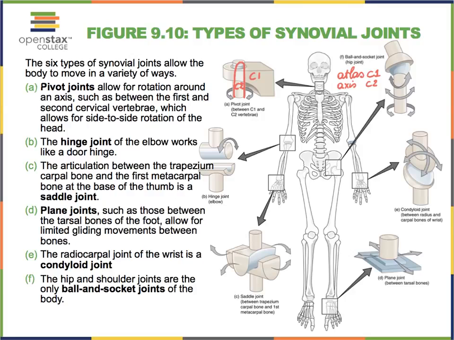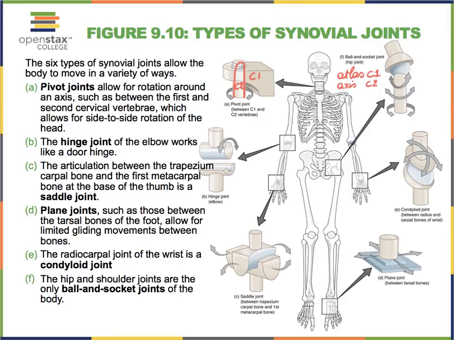So let's take a look at the hinge joint. And the hinge joint is very much like what it says. It looks like the hinge of a door. If you look at how the elbow of our arm is put together, then certainly how the ulna articulates, that is this bone here, or the pinky bone, how it articulates with our humerus is very much like a hinge joint.